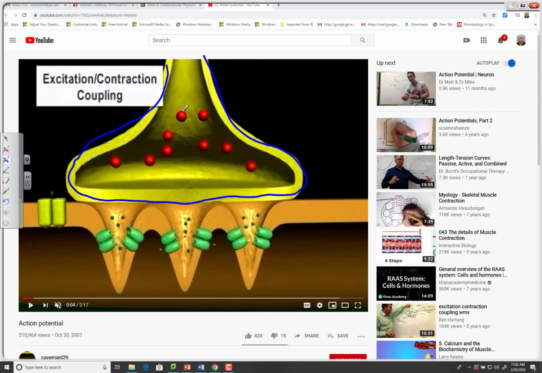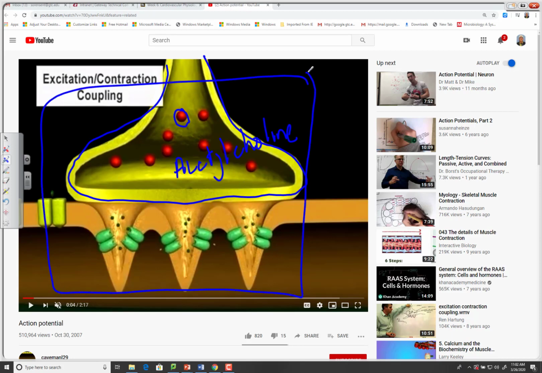And these little red balls here, those things contain acetylcholine. And this area right here, what you're looking at is the neuromuscular junction. Again, this axon doesn't touch it directly, but how it communicates with it is by releasing that neurotransmitter.